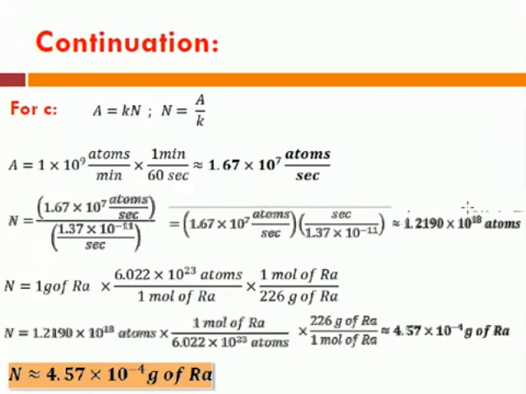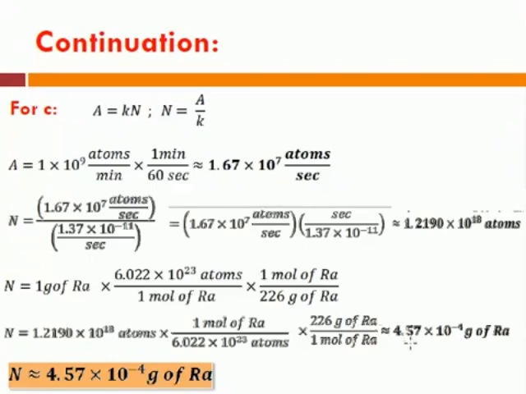So, atoms. We're going to convert atoms into grams. So in 1.2190 times 10 raised to 18 atoms, in 1 mole, we have the Avogadro's number, 6.022 times 10 raised to 23 atoms. So cancel the atoms. And we have to cancel out mole. In 1 mole of radium, we have 226 grams of radium. So cancel the mole here, and the unit will become grams of radium.